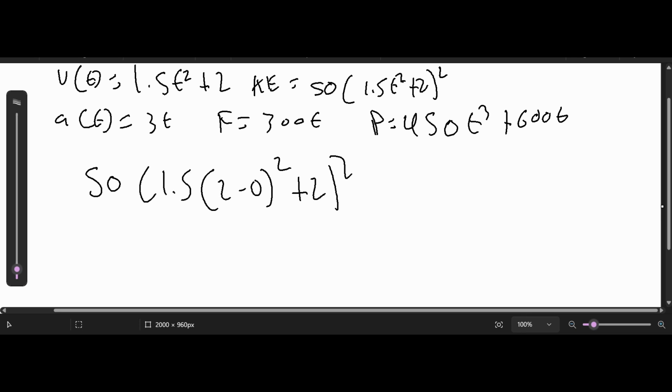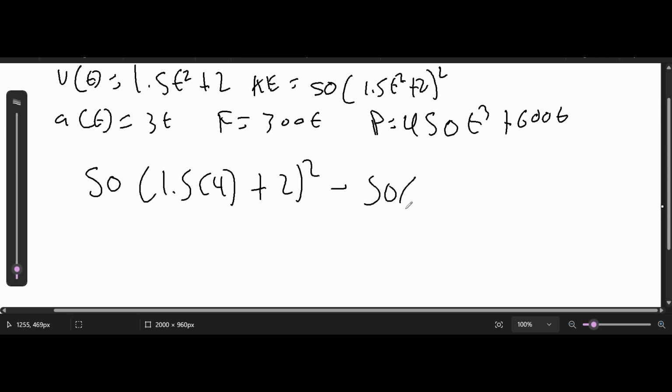That's not right. Okay, you know what? Maybe I will have to do it the right way. Okay, 1.5 times 4 plus 2 to the power of 2 minus 50. That's 0 plus 2 squared.